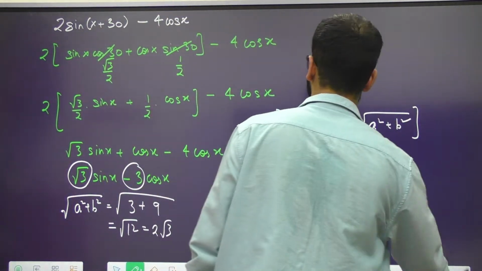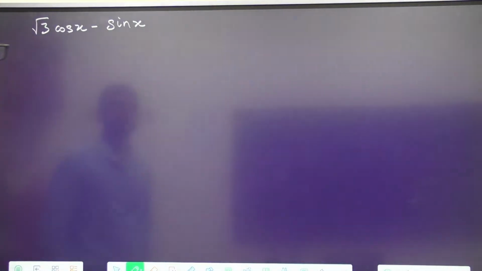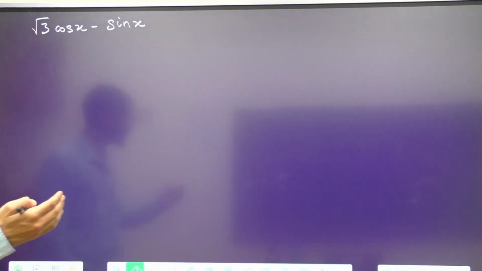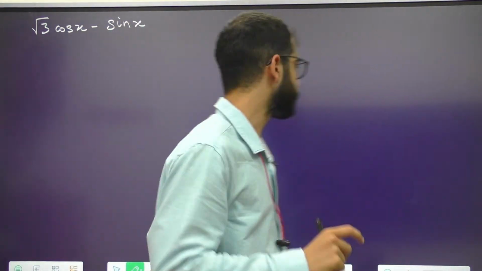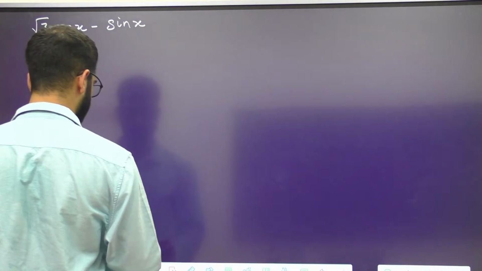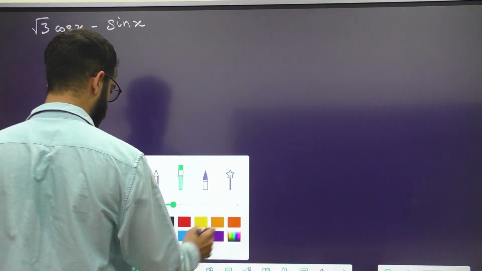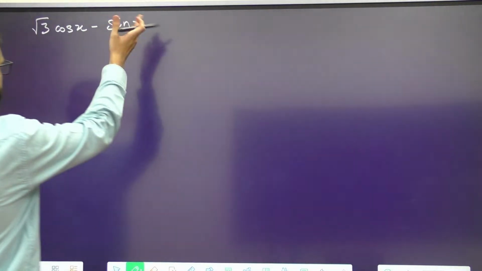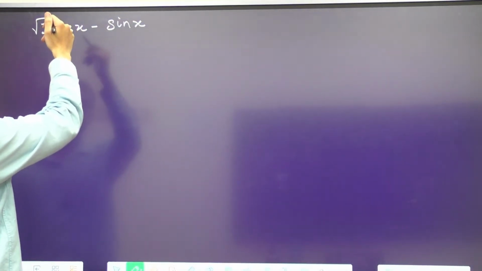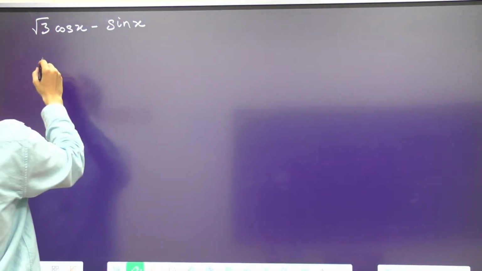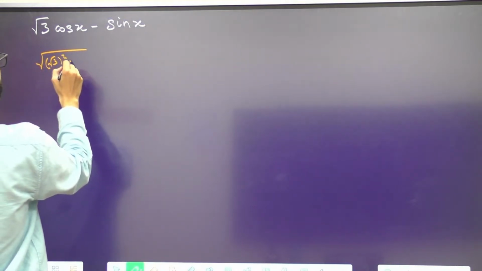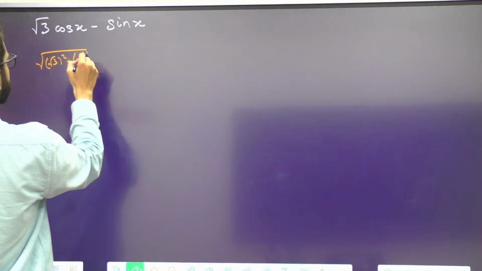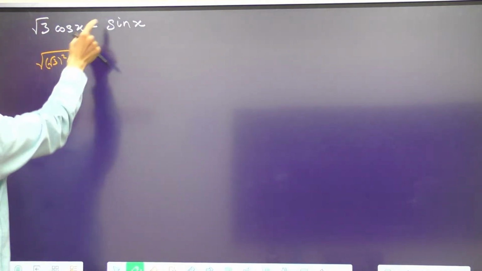Okay. Let's solve another question based on the same phenomena. It doesn't matter if sine comes first or cos comes first, the logic will remain the same. So since over here sine precedes and cos is the second term, the formula will remain the same. Let's calculate under root of (root 3) squared plus (-1) squared, that is a square plus b square.